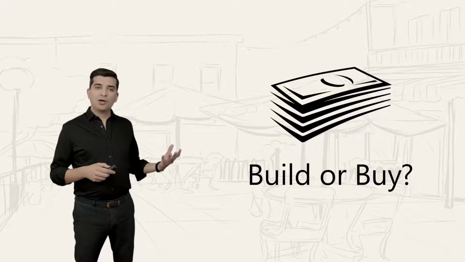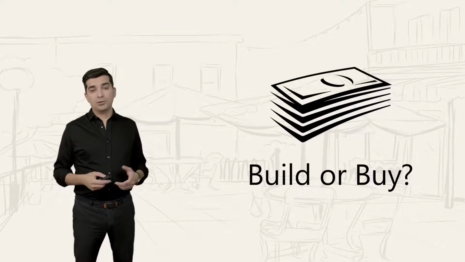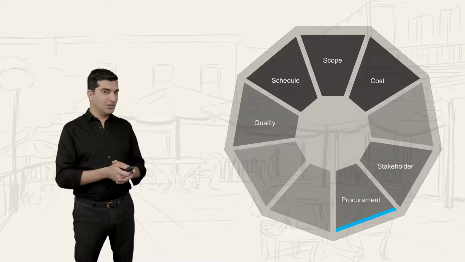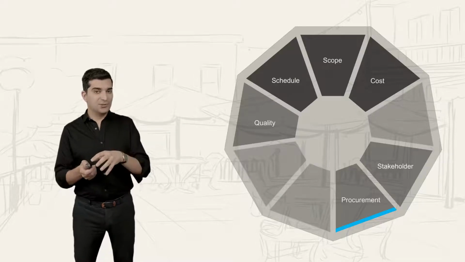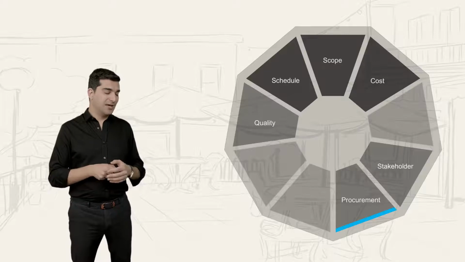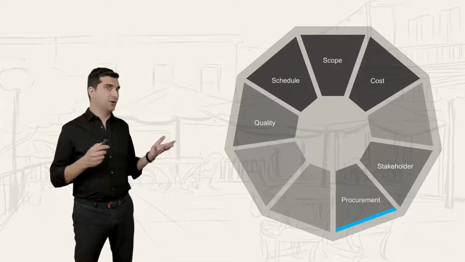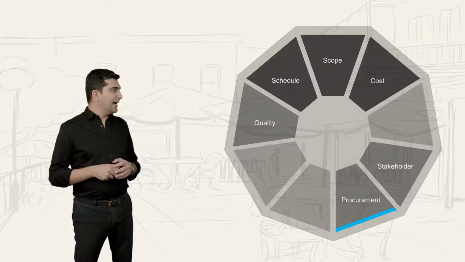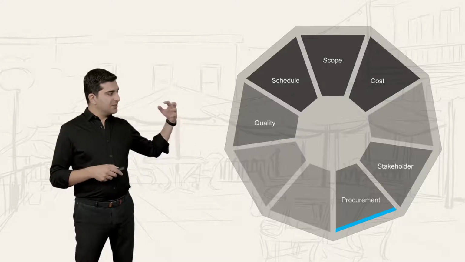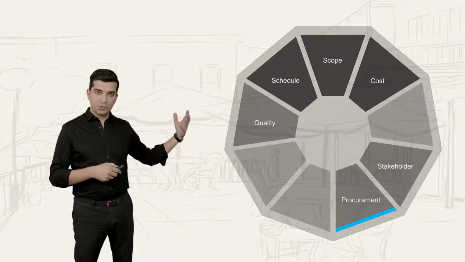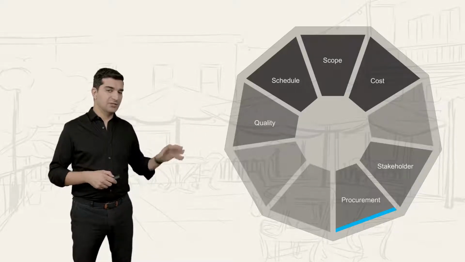These are all covered in a domain called procurement. In the procurement domain, we make the decision if it's a good idea to do it ourselves or buy it from somewhere else, which impacts the cost and everything else, also time and quality, everything. And then throughout the project, when the procurement item is being done, we will monitor it, we will supervise it and make sure then that it is okay.